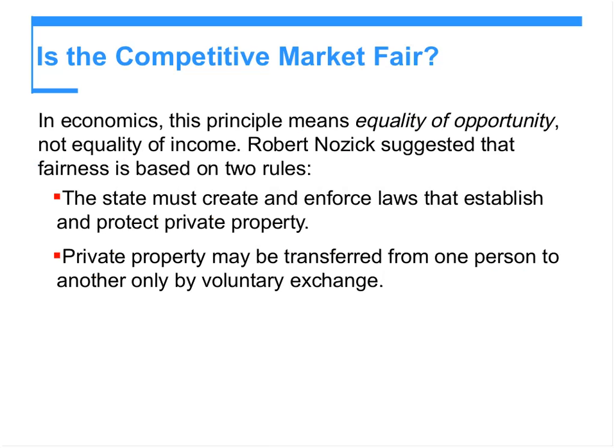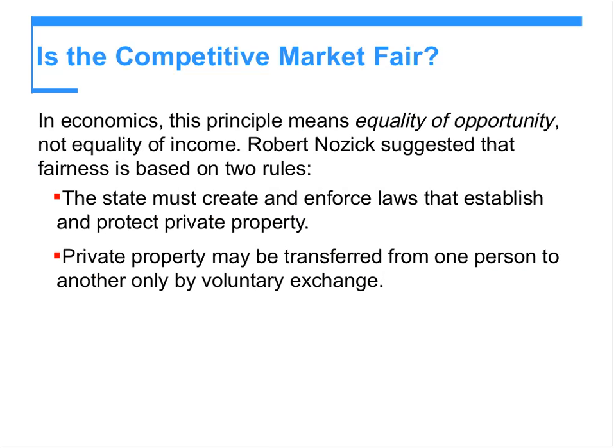So Robert Nozick suggested that fairness is based on two rules. The first rule is the state must create and enforce laws that establish and protect private property. And the next one is private property may be transferred from one person to another only by voluntary exchange.